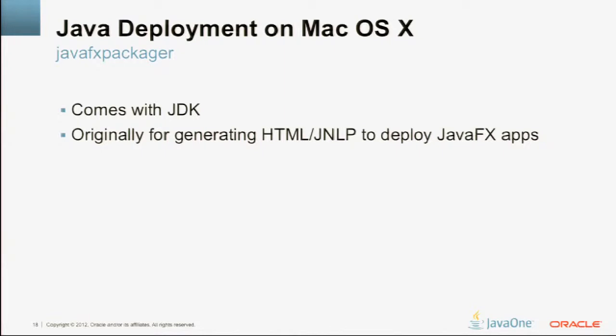And if you've ever done web start deployment or development, you know that hand coding JNLP is a pain in the neck and something we really don't want to be doing. It was originally geared towards JavaFX, because one nice thing about FX is that there isn't a huge distinction between an applet and an application. It's all a matter of how you deploy it.